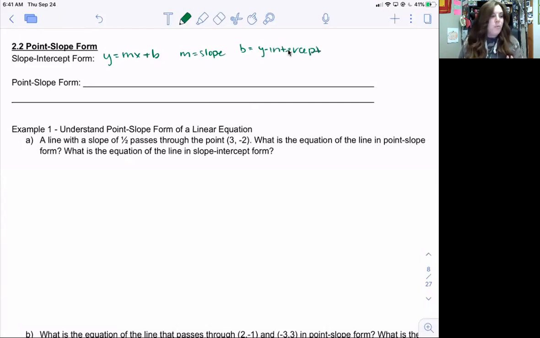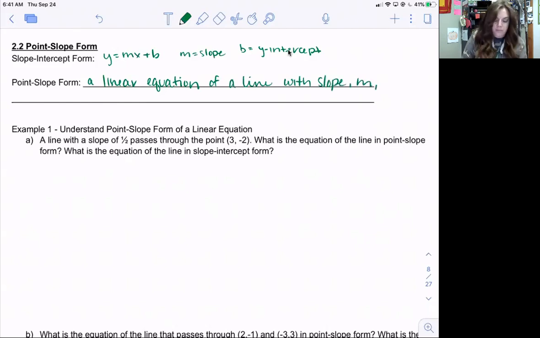Okay, so point-slope form is a linear equation of a line with slope m and passing through the point x1, y1.